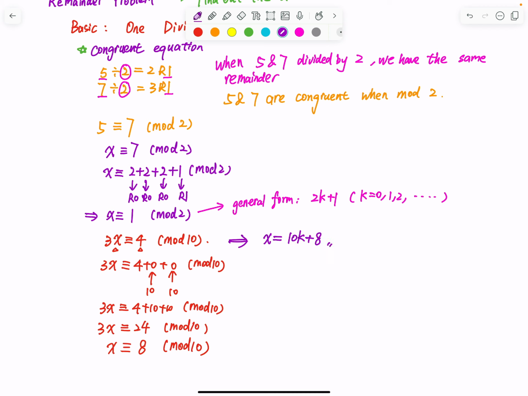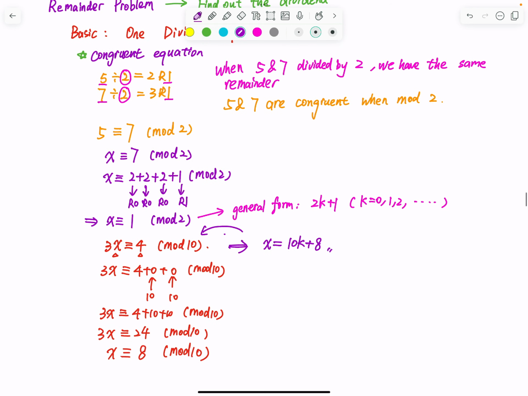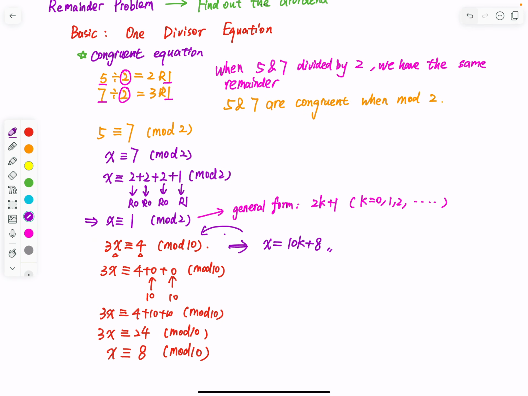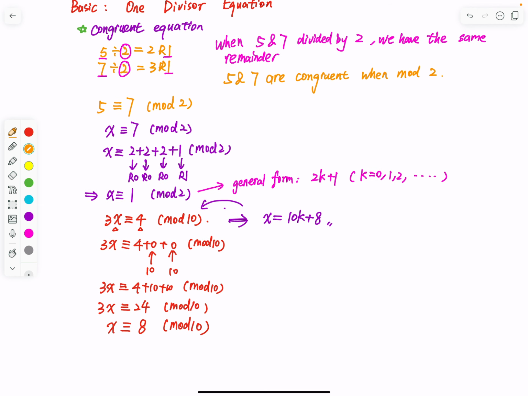Here x equals 10k plus 8 is the general form of x for this congruent equation. So why do we need to focus on the congruent equation? Because this is a very, very important thing in number theory. Actually, it's very useful.